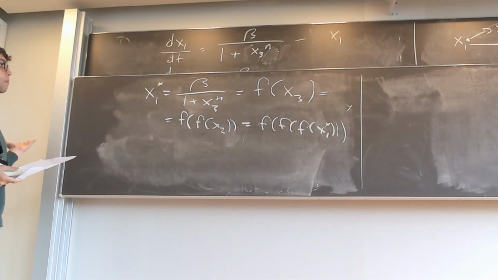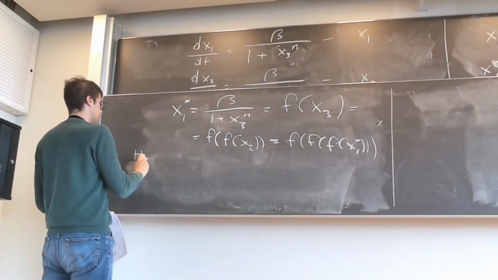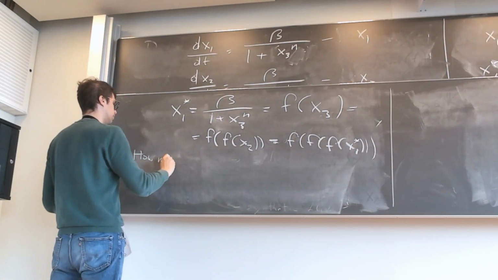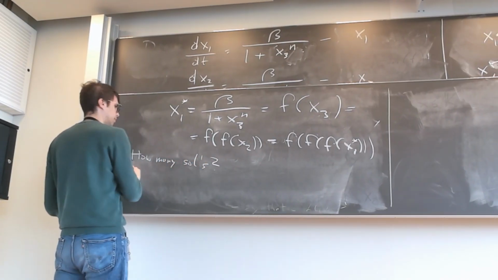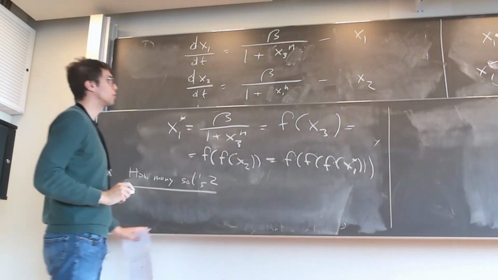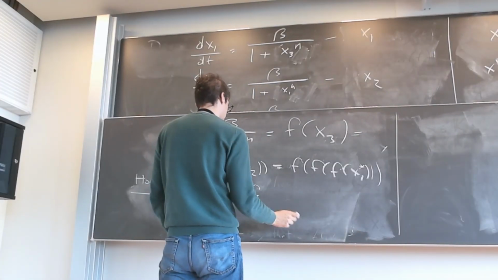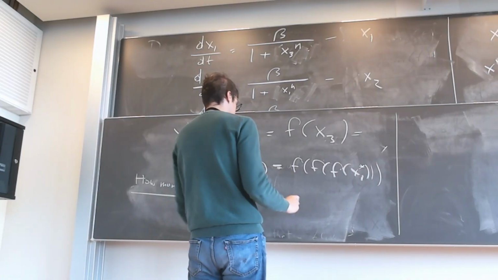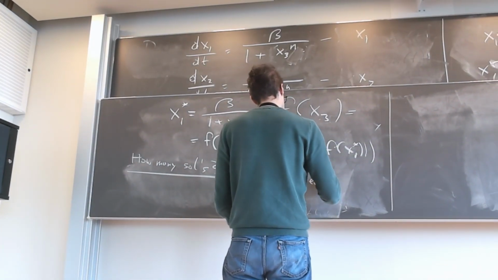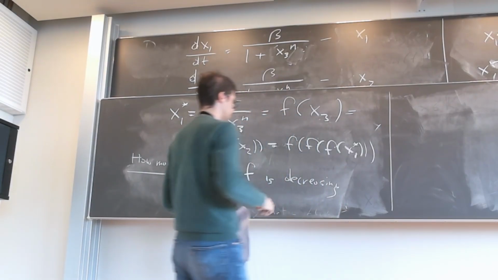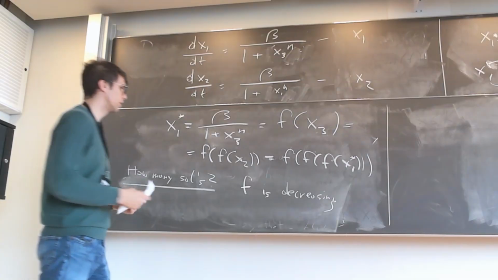Okay, now how many solutions can we have? I'm proposing to you that there's only one. And why is that? F is decreasing. So it's monotonically decreasing, only ever going down.